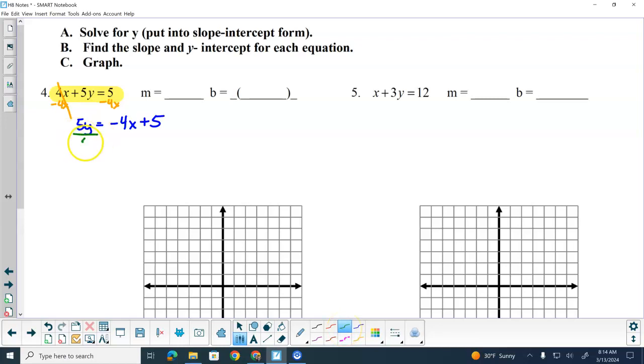Yep. And that gives me y equals negative 4/5 x plus 1. So now, Ash, we've got it in y equals mx plus b form, right? What's the slope on my line? Negative 4/5? Yeah, negative 4/5.